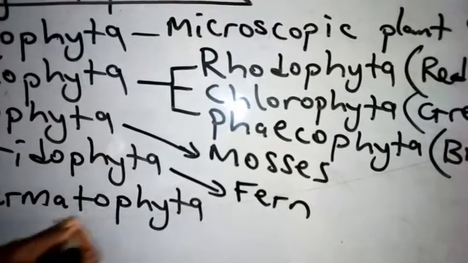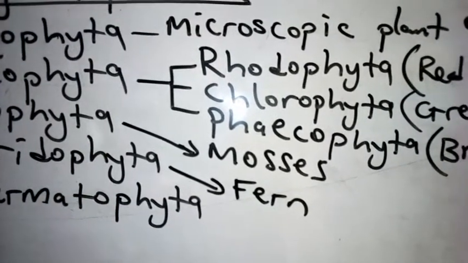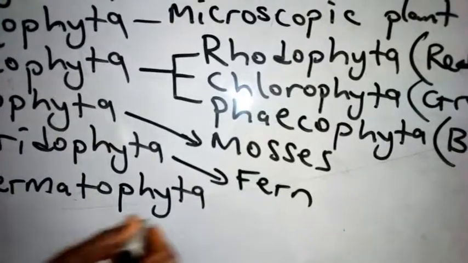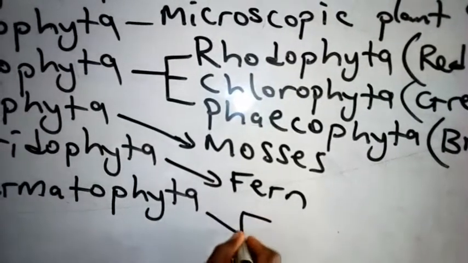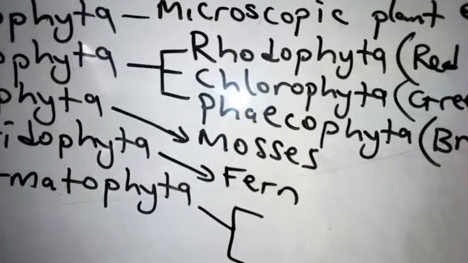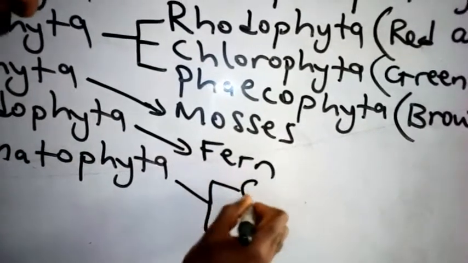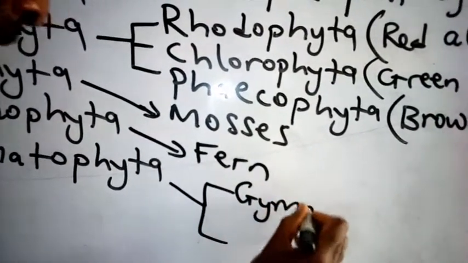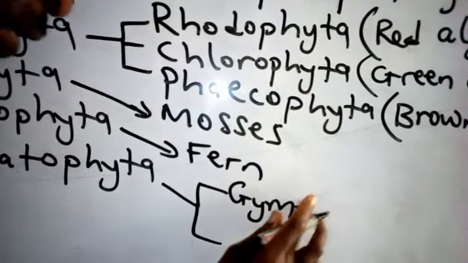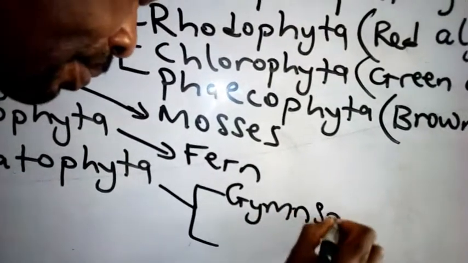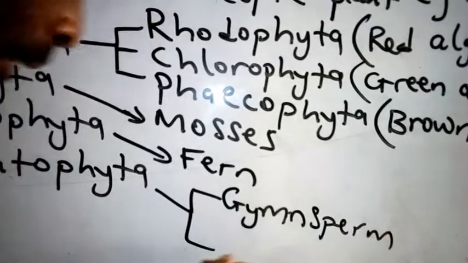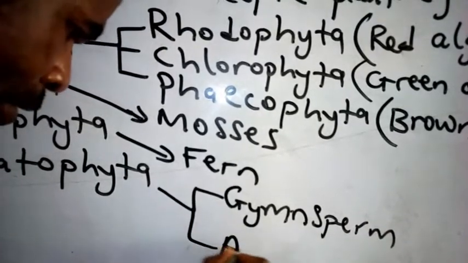Then finally we come to the spermatophyta. The spermatophyta is grouped into two. This is where we have the plants with seed, what we call the seed plants. We have the gymnosperms and finally the angiosperms.